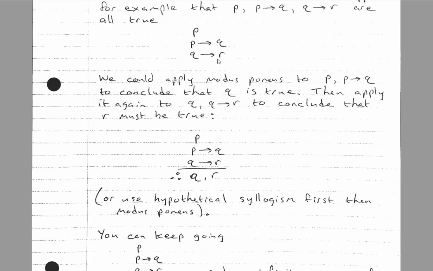We could also apply a hypothetical syllogism, combining these two implications to get that P implies R. We could have used that as well.